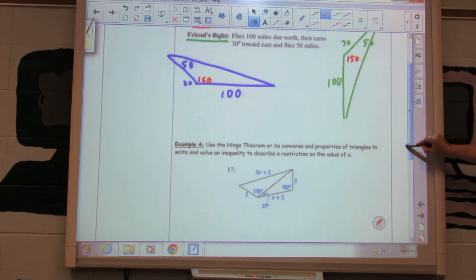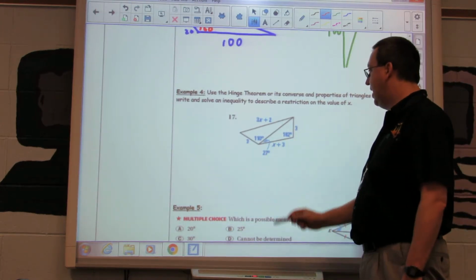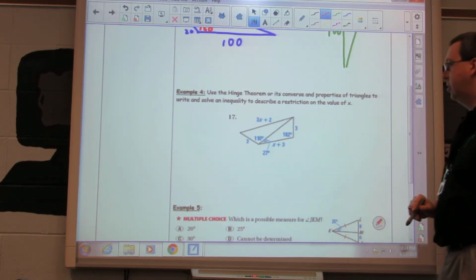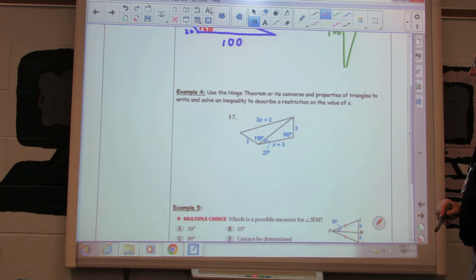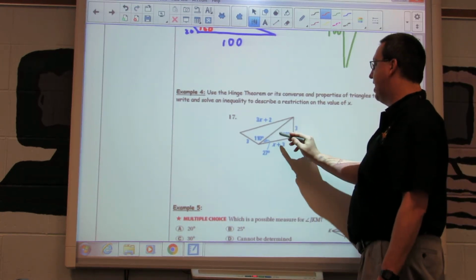Example 4, use the hinge theorem or its converse in properties of triangles to write and solve an inequality. So I'm looking at how these two things compare. I have a 3 and a 3, I have a 110 and a 102. The 102 is not what I care about. I have 102 and 27 in this one. Be careful of that.